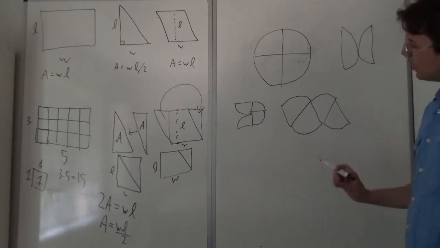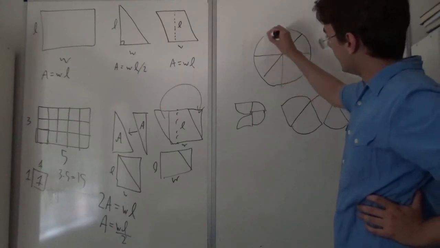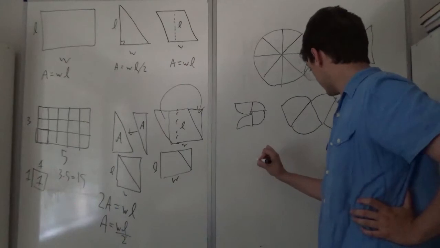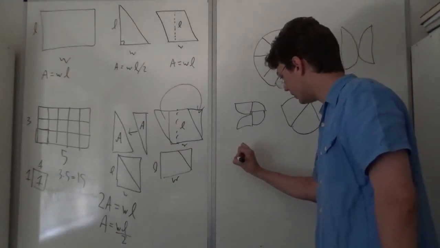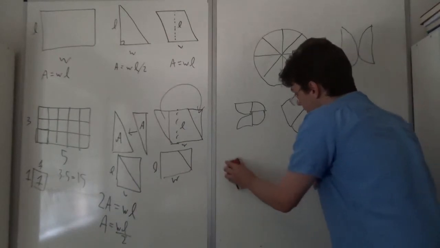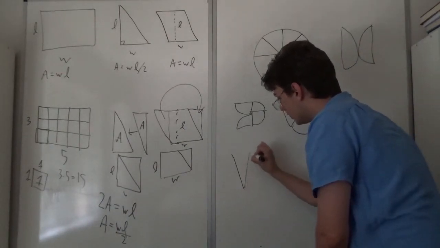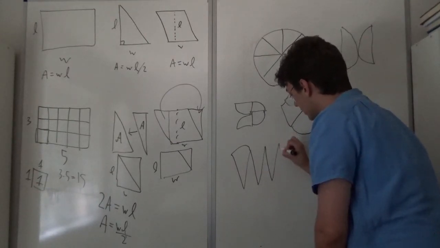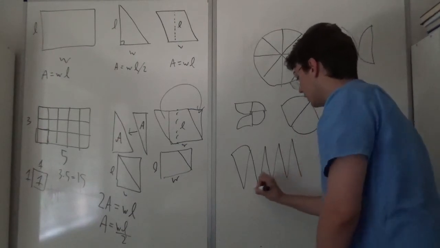Okay, what if I did more? What if I cut even more? Had like 8 pieces here. Well, what I'll then have is something like this, if I basically try to continue that pattern there. 1, 2, 3, 4, 5, 6, 7, 8.